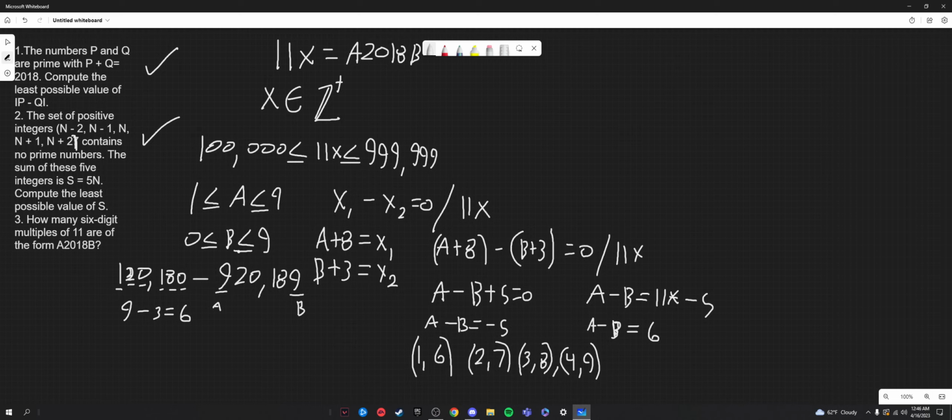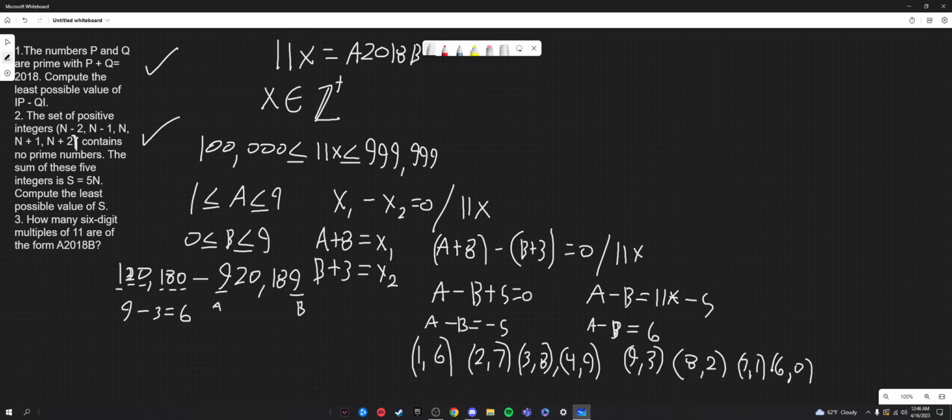So we're going to start top to bottom in terms of the values a and b could be. So we'll have 9 minus 3, so 9, 3. And then we will have 8, 2, 7, 1, and of course 6, 0.